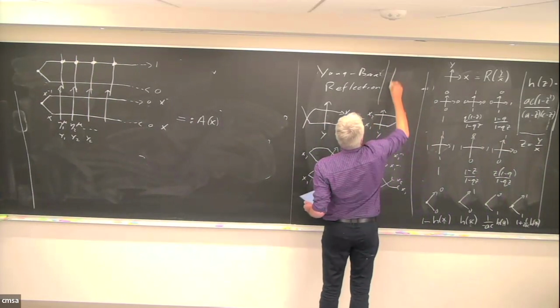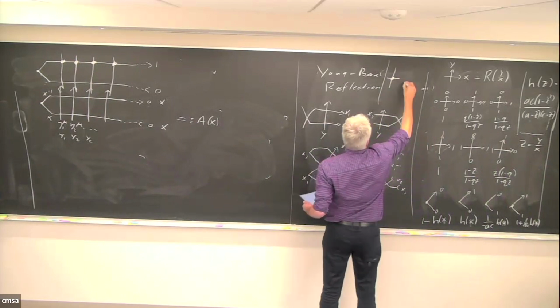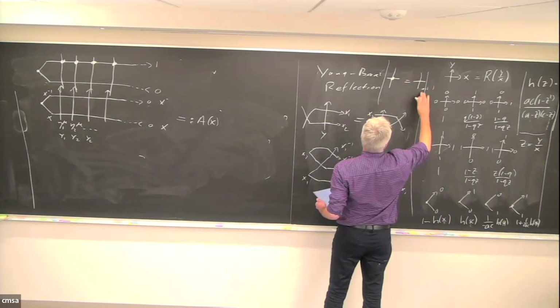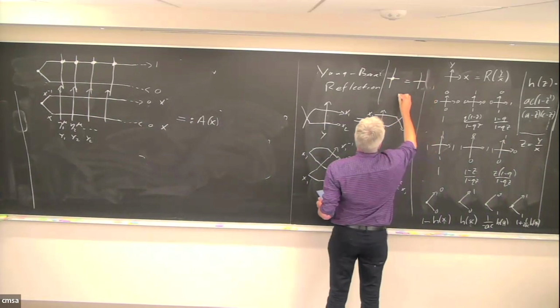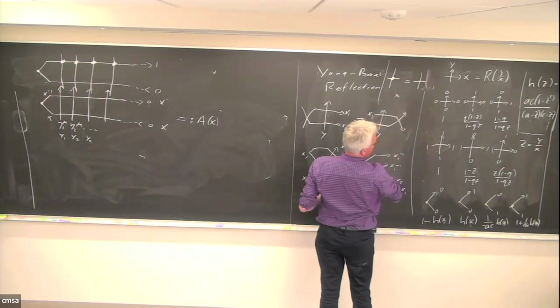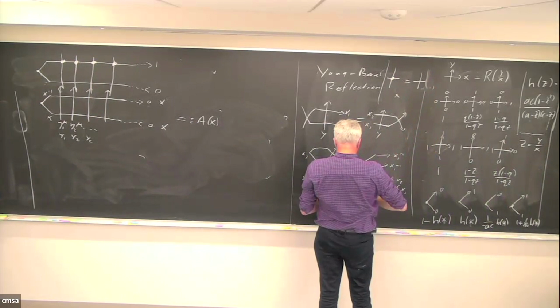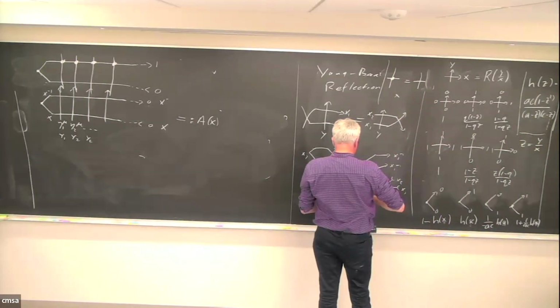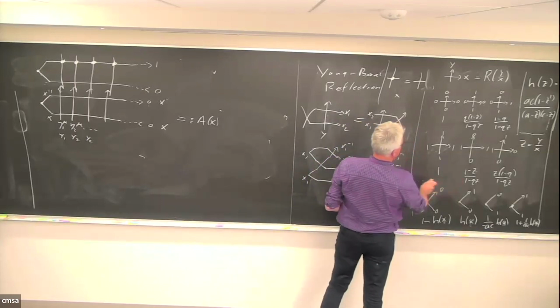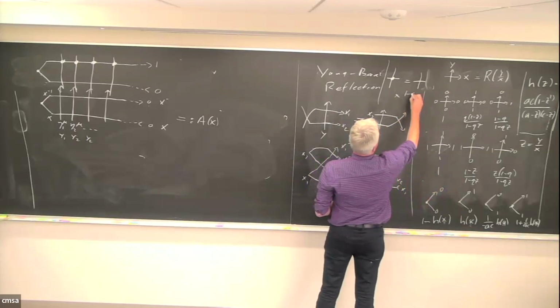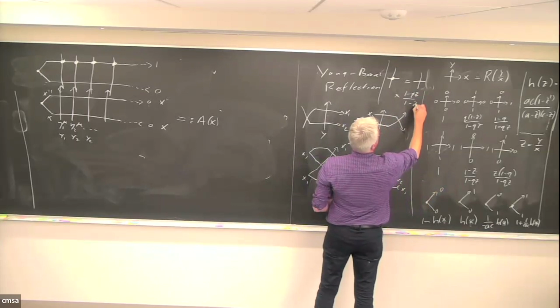And so the dotted weight is just equal to the normal weight times a factor, a simple factor, which, well, it should just be the inverse of this, right? So 1 minus qz over 1 minus z.